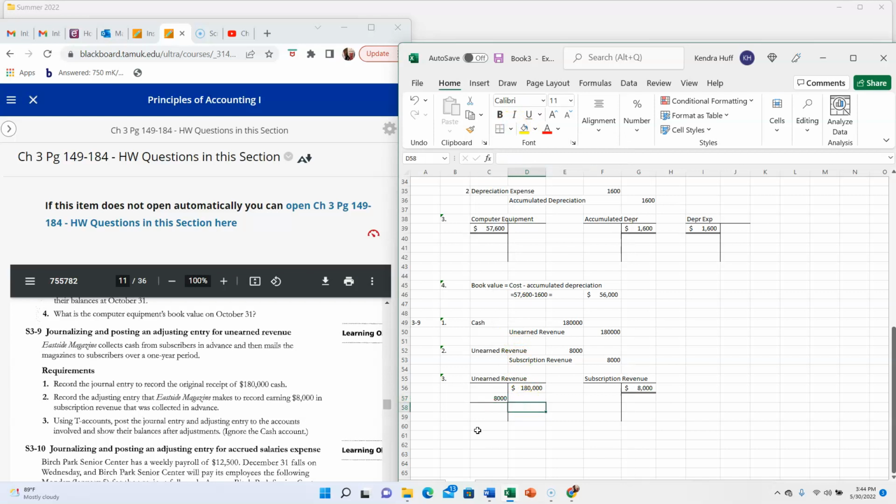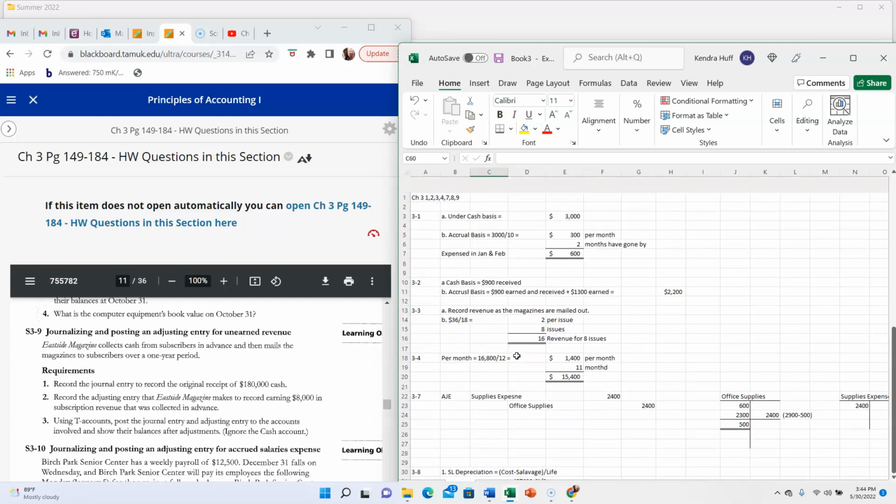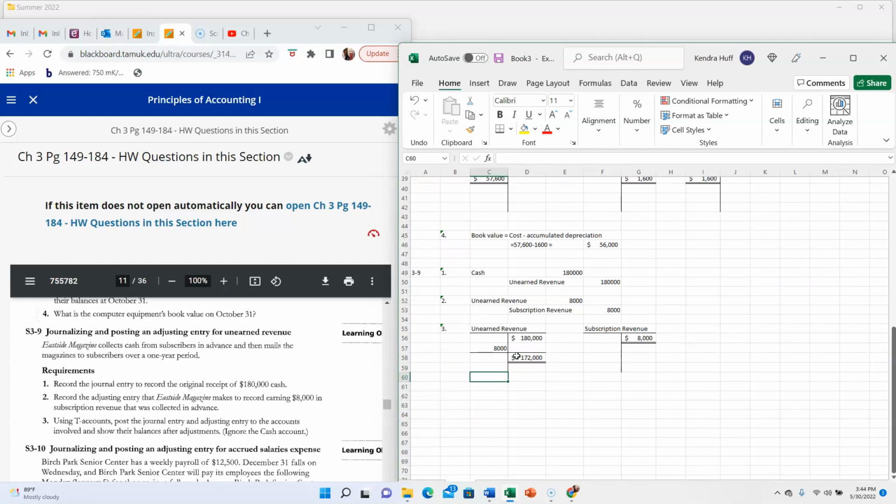And then I'm going to go on the credit side because unearned revenue is a liability. And I'm going to say the 180 minus the 8,000. And that's its balance. And that is it for Chapter 3's homework.